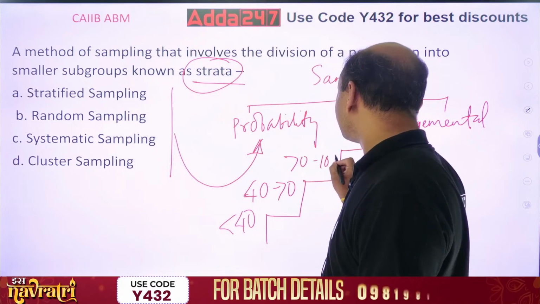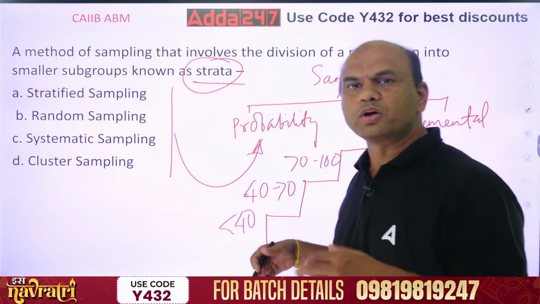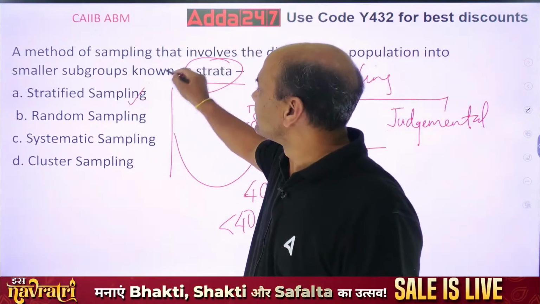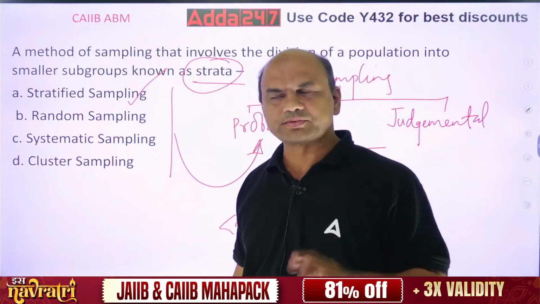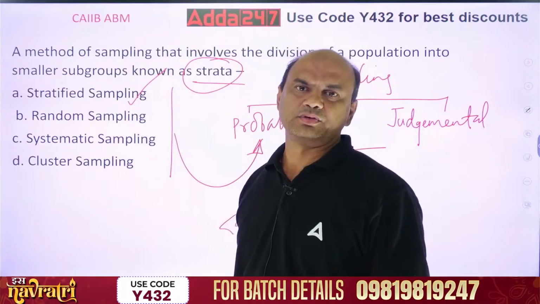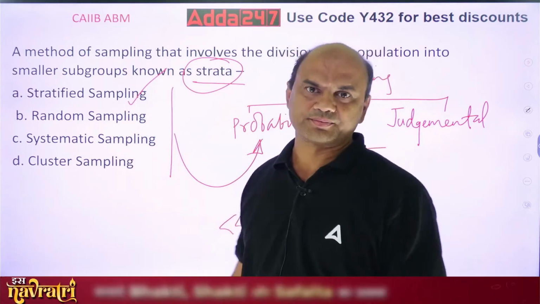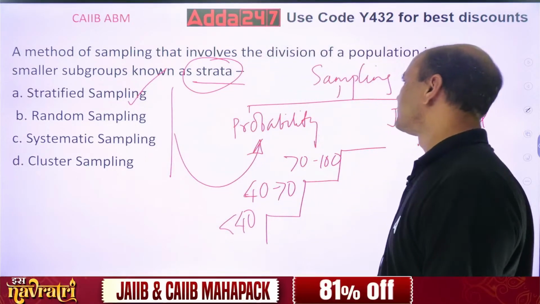So what am I doing? I'm creating the strata. So this is known as stratified sampling. There are 4 types of sampling: stratified, random, systematic, and cluster. Random is also called simple random sampling. Got it?